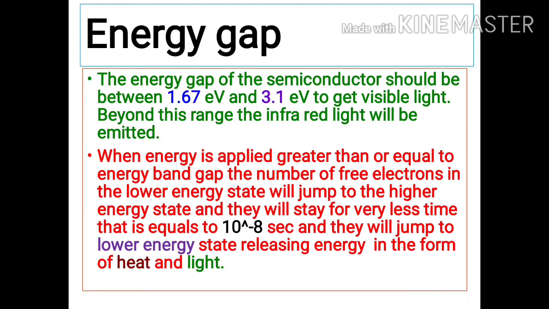So now we will see what should be the energy gap of the semiconductor that we are using in construction of the LEDs. The energy gap of the semiconductor should be between 1.67 electron volt and 3.1 electron volt to get visible light.